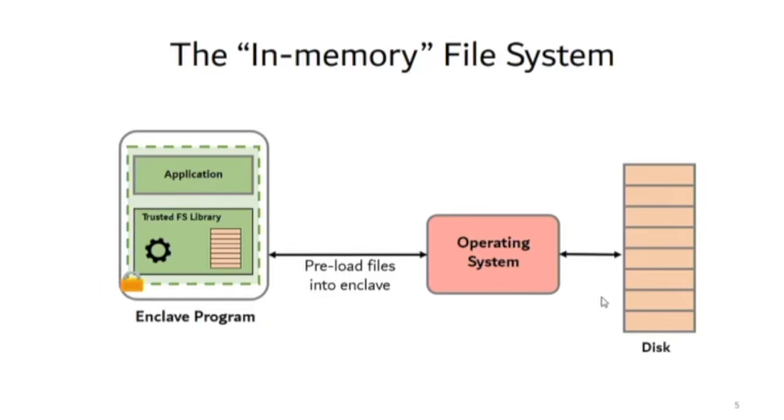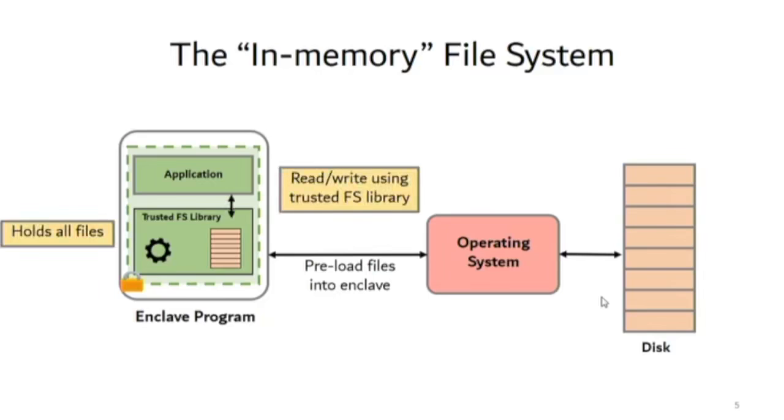For example, if you have to access a.txt and b.txt, you're just going to read the whole files into memory before program execution, and then read and write using in-memory copies. And then when the program terminates, you're just going to dump everything back to the disk, again using system calls and the operating system.